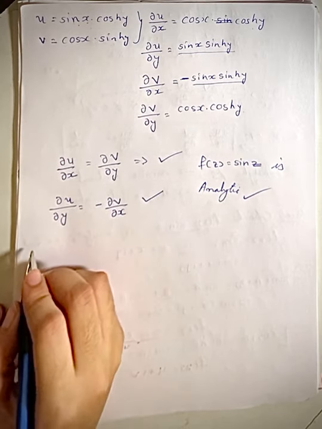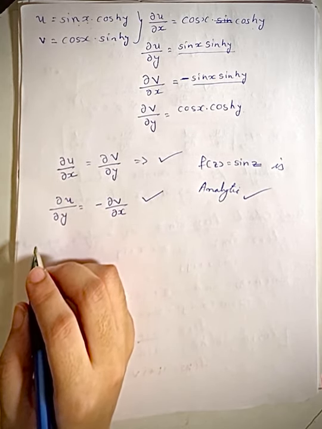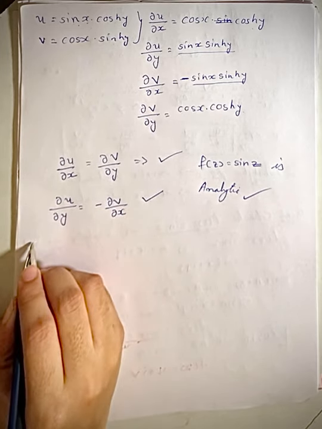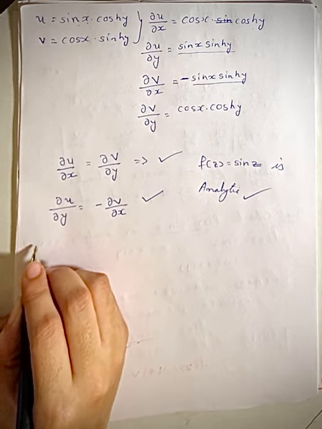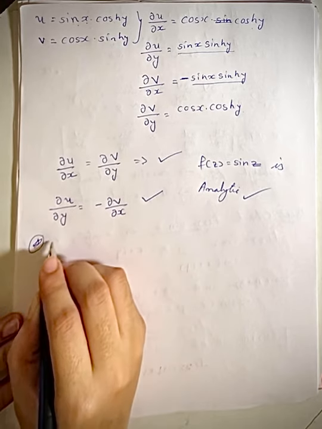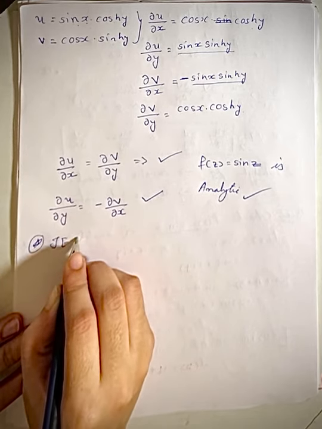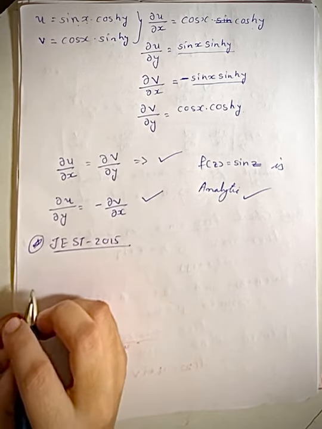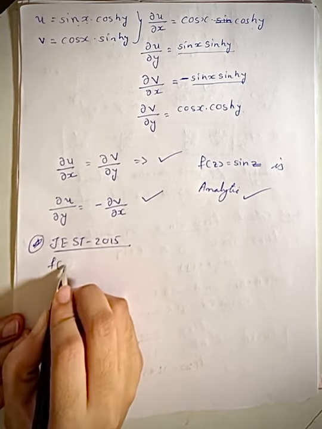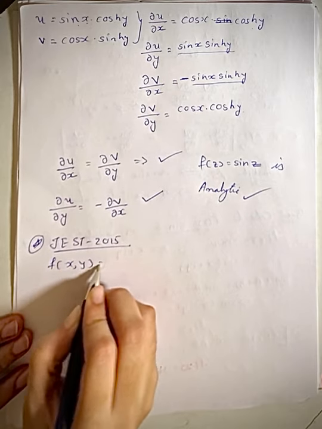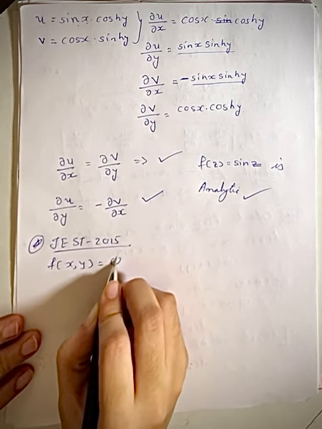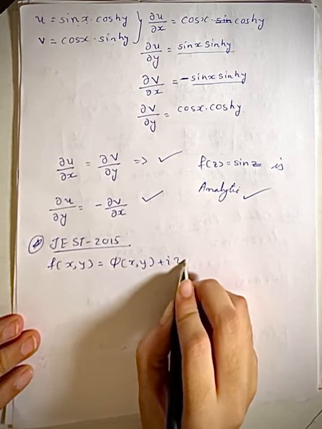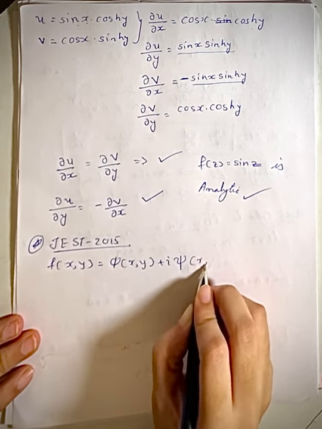Okay, let's take another example, and this is a question from JEST 2015. The question says that you have a function f of xy equal to phi xy plus i psi xy.